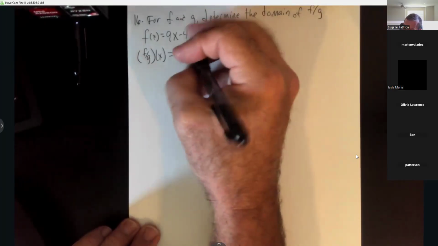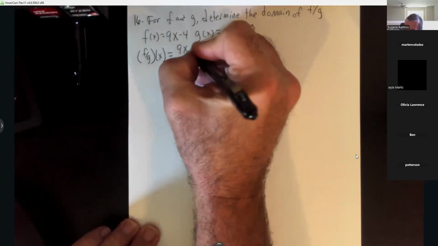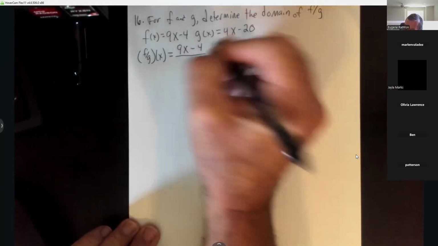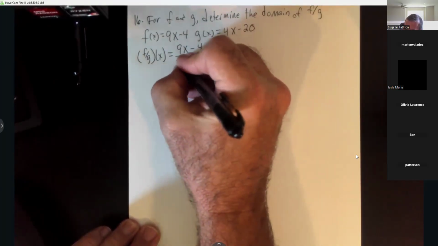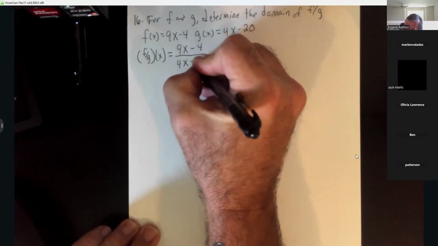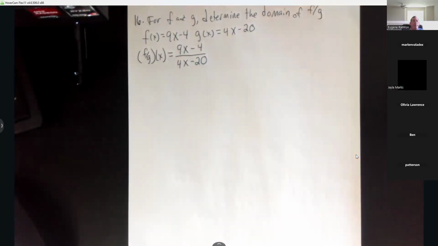That's going to equal my f on top, 9x minus 4, over my g, which is 4x minus 20. So this is definitely a fraction because it's division. So the question is, what numbers will I have to exclude from this domain?